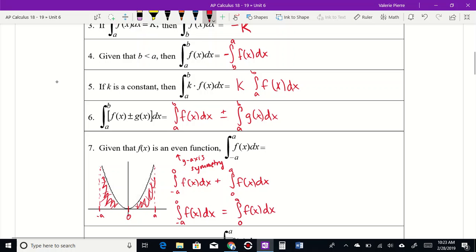So knowing that they're equal to each other and we're going to add them together, these two pieces of information tell me that my answer is either going to be 2 times the integral from 0 to a of f of x dx, or 2 times the integral from negative a to 0 of f of x dx, because they're going to be the same and we're going to just have 2 of them.